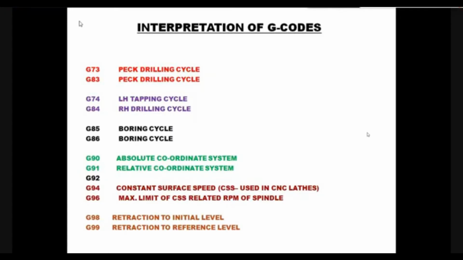So G98 is initial level because it is at a far off distance from the workpiece, and G99 will be somewhat closer to the workpiece, though the tool will not be touching the workpiece. The gap between the tip of the tool and the workpiece surface will be smaller as compared to the air gap maintained in initial level. That's all. Let's go to the next slide.